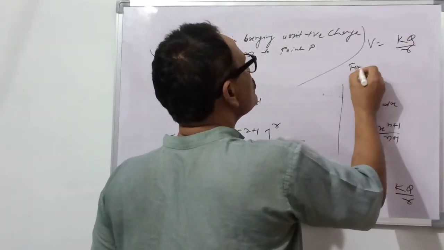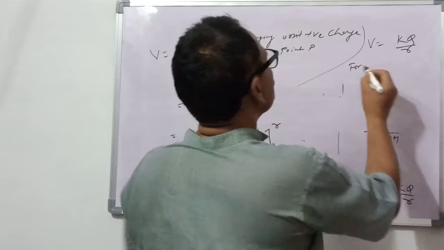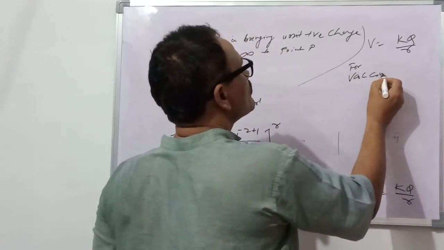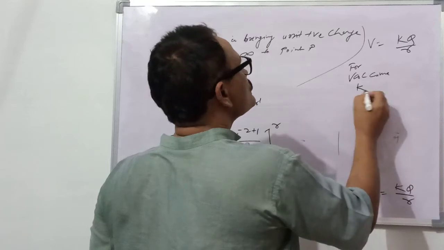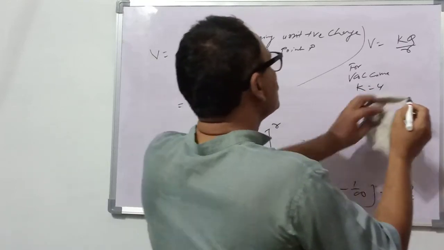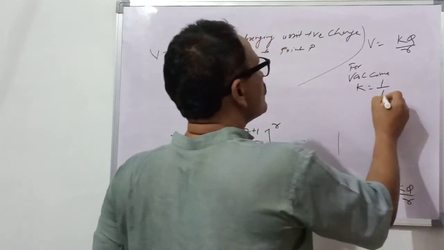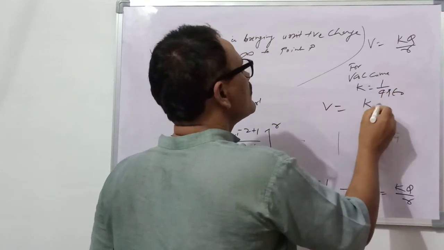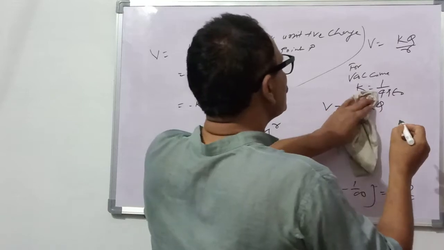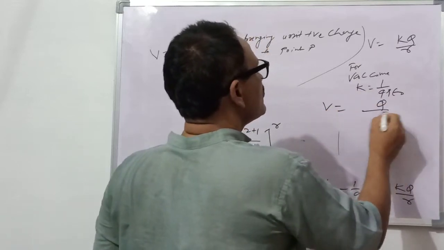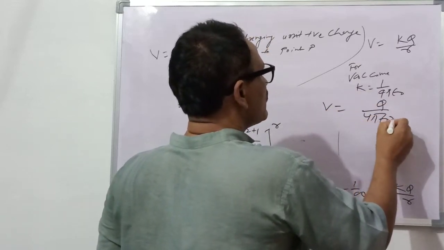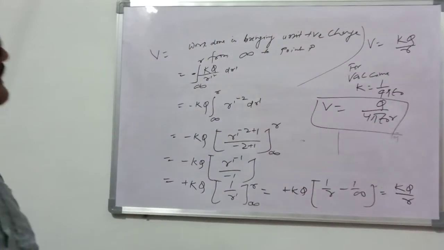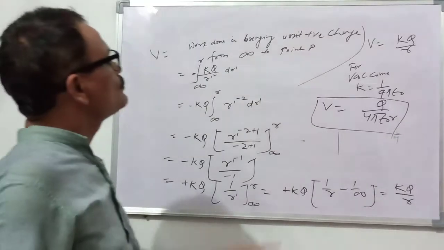For vacuum, k is 1 by 4 pi epsilon naught. So V is equal to Q divided by 4 pi epsilon naught r. This is the expression for the potential at a point due to a point charge.